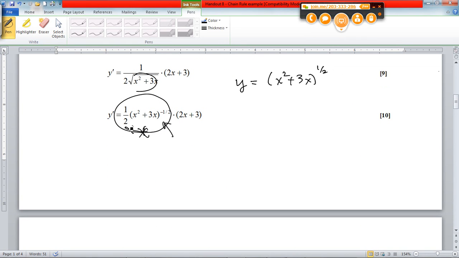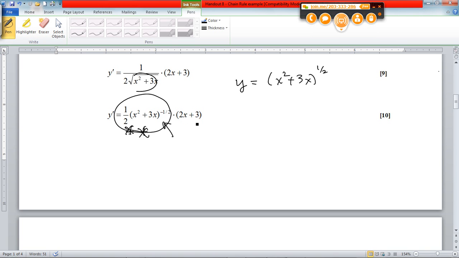So isn't this part right here, bring down the power and subtract 1 from the power? Isn't that what that is? 1/2 is bring down this power and then subtract 1 and you get minus 1/2. That's just the derivative of that square root, the 1/2 power.